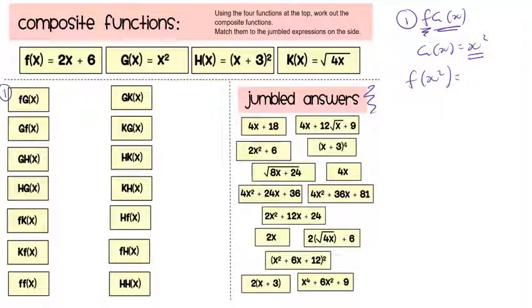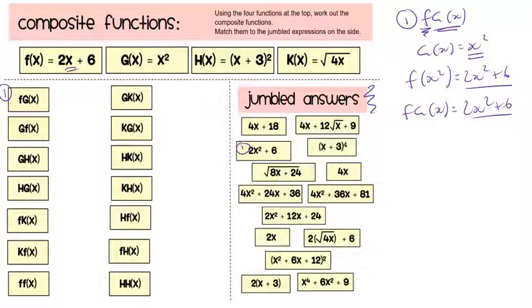So substituting x squared in place of x, we'll just have 2x squared plus 6. So that is what f of g of x is equal to. And we should be able to find that in our answers here. Yep, so it's just this one here. Like I say, some of the others don't match on first look.